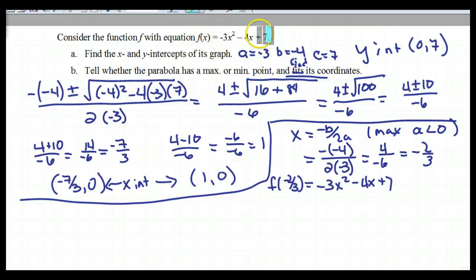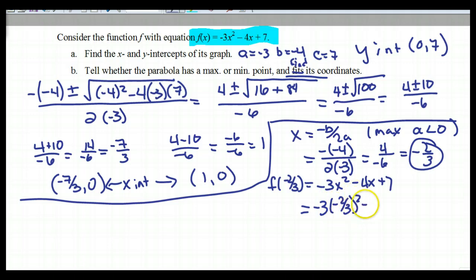We're going to replace those x's with this coordinate right here. So this will be negative 3 times negative 2/3 squared, and then negative 4 times negative 2 over 3, plus 7.